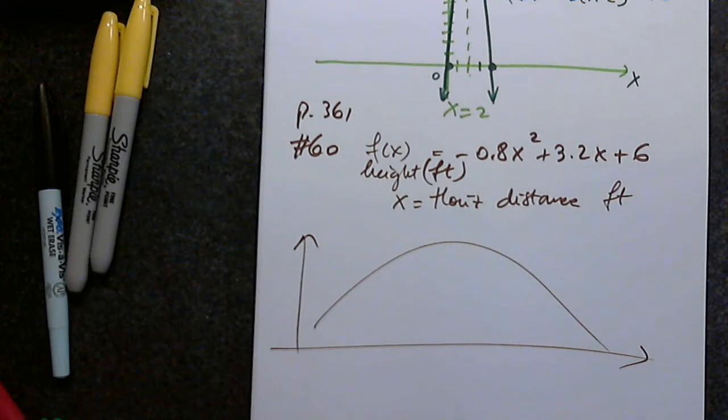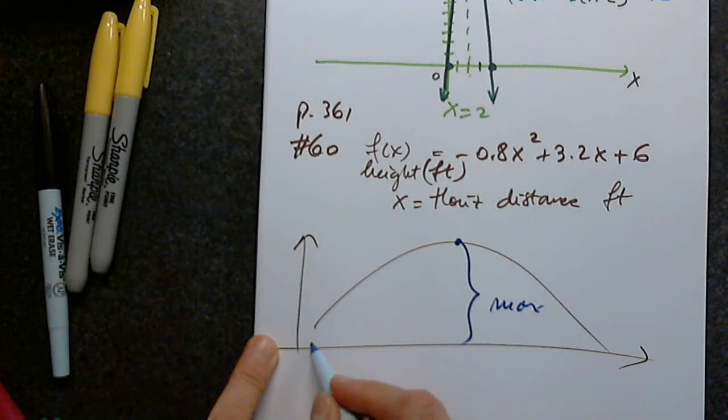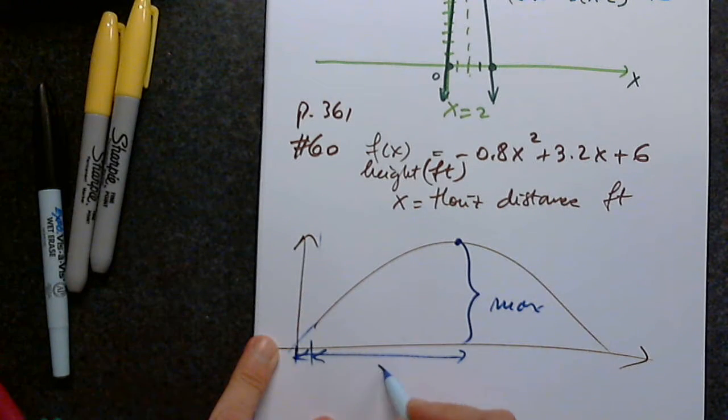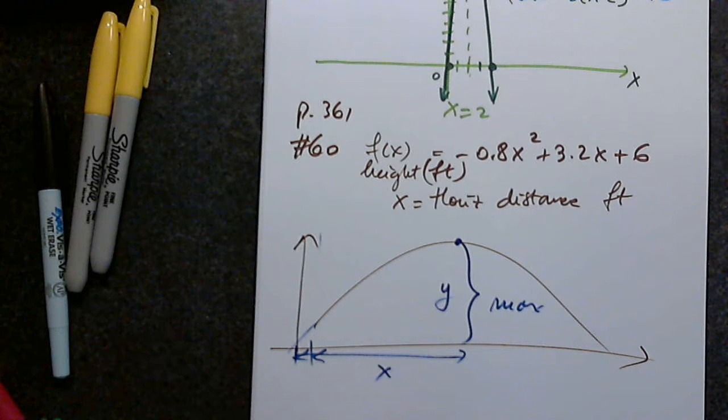In part A, what is the maximum height of the ball and how far from where it was thrown does it occur? Obviously, you already told me correctly this is a maximum. So we want to find this maximum and then how far. This could be here or it could be here. How far does that happen?